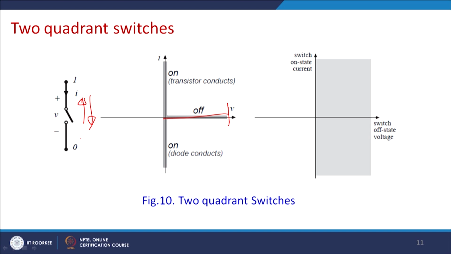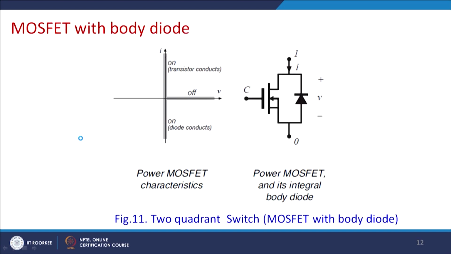So, let us see which semiconductor switch can realize this diode. Now, this is actually the MOSFET. As we know, this is an N channel MOSFET, it comes with a body diode inherently.